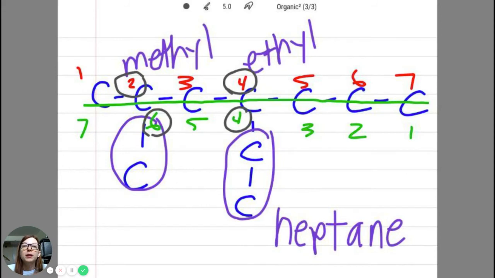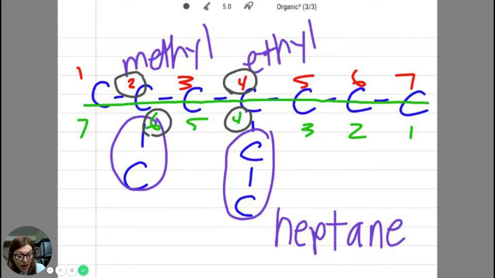I would need to either pick entirely the red system or entirely the green system. The way I figure out which one to use is that I add the numbers together and figure out which one is smallest. So 2 plus 4 in my red system gives me a total of 6. And in my green system, 4 plus 6 gives me 10. 6 is less than 10, so I'm going to go with the red system.